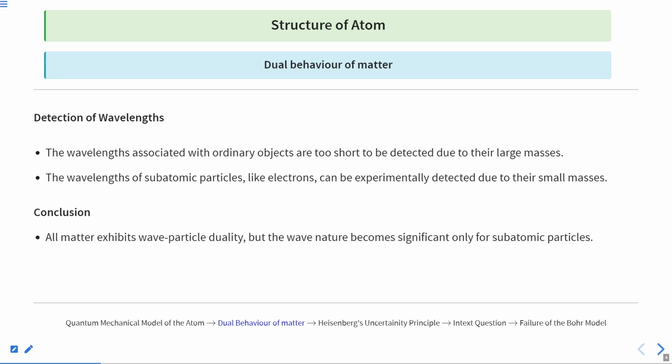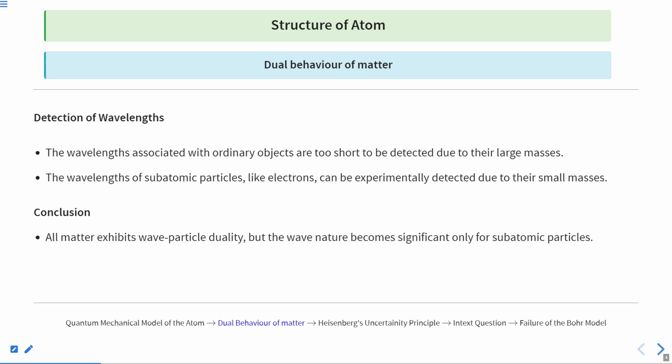Due to the weight of the object, the wavelength associated with ordinary objects is too short to be detected, because ordinary objects have high mass, whereas subatomic particles have very low mass, and therefore they are detected by their wave nature, meaning they show wave nature.